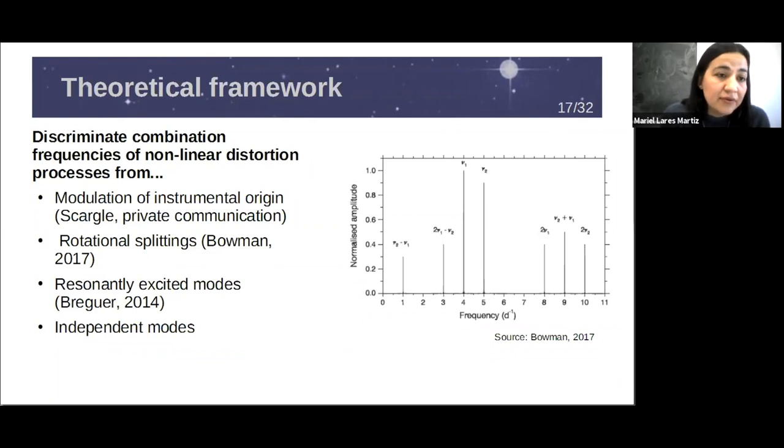For example, for modulation of instrumental origin, or independent modes, which are not a non-linear process, it will be shaped differently from resonantly excited modes. That's what we expect: that these gamma functions will be different for each non-linear process.